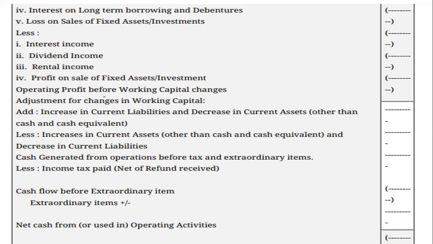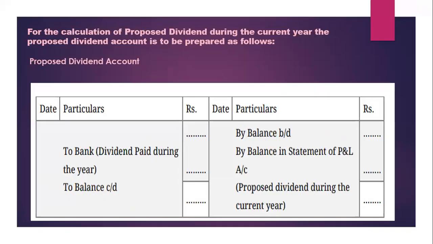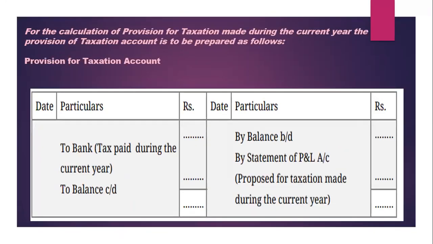For finding out the actual income tax paid, we have to make an income tax account. The taxation account will have an opening and closing balance, that is the unpaid amount in the beginning of the year and at the closing of the year, and the income tax provision mentioned in the profit and loss statement, and the difference will be the actual tax paid during the year.